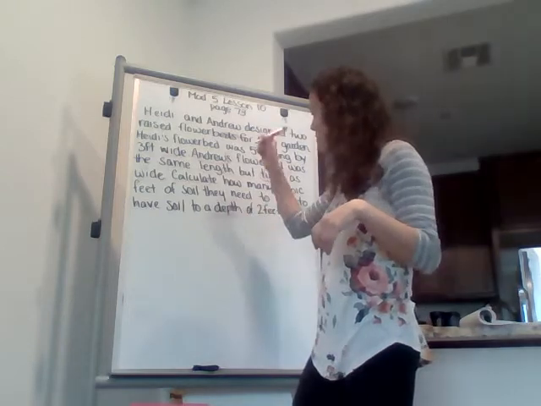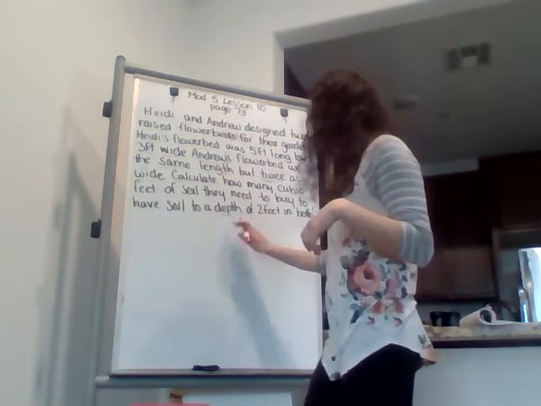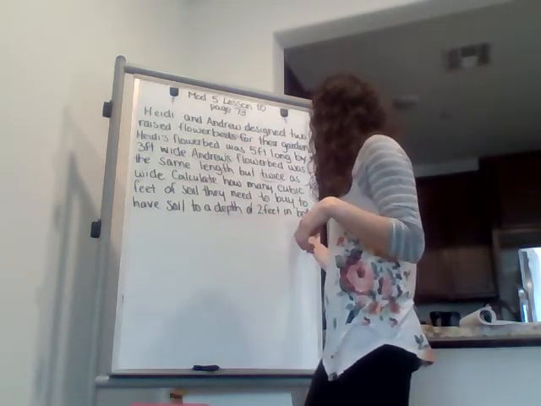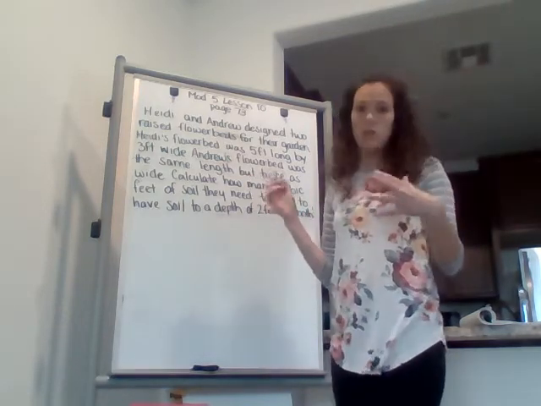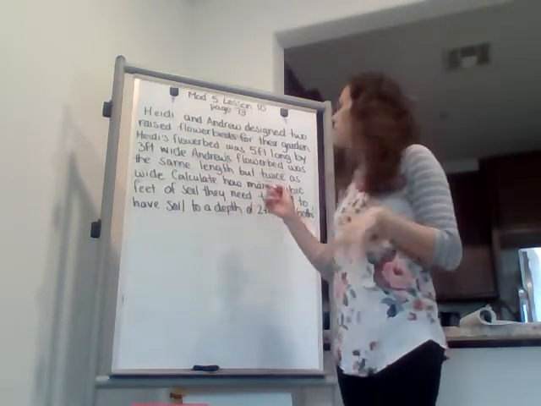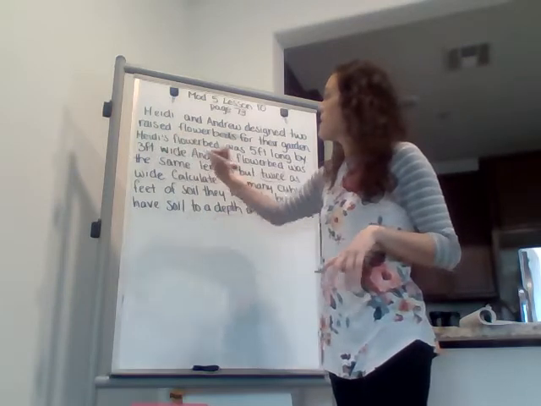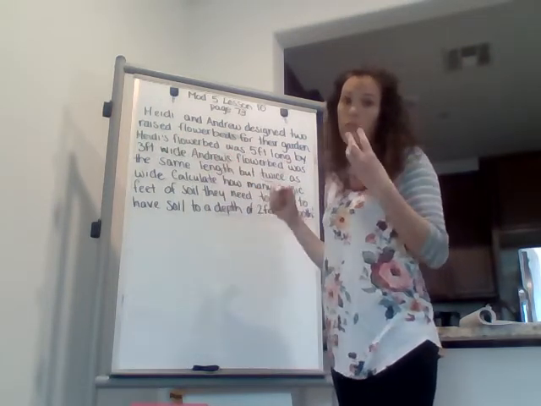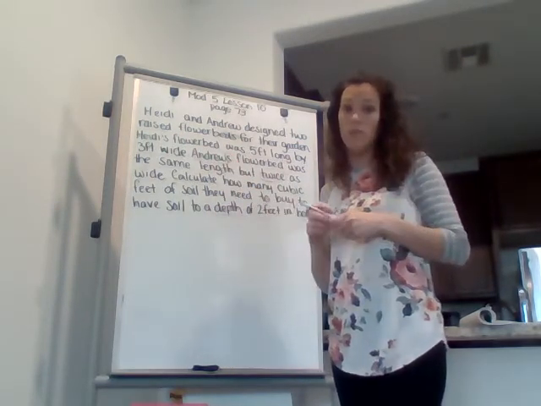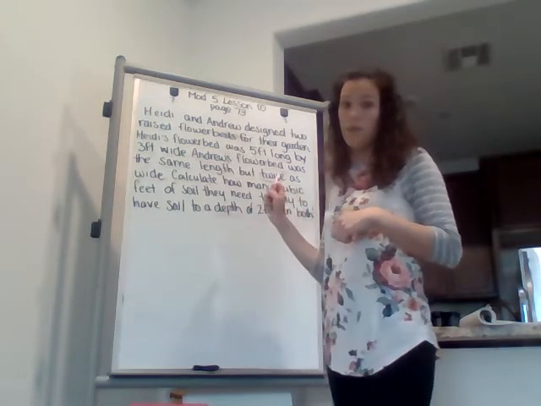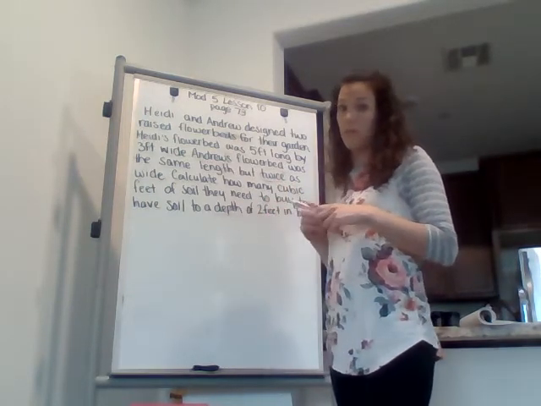So depth is how far down, how deep it is, of 2 feet in both. So now I'm starting to piece together that both Heidi's flower bed and Andrew's flower bed have 3 numbers associated with it: a length, a width, and a depth.